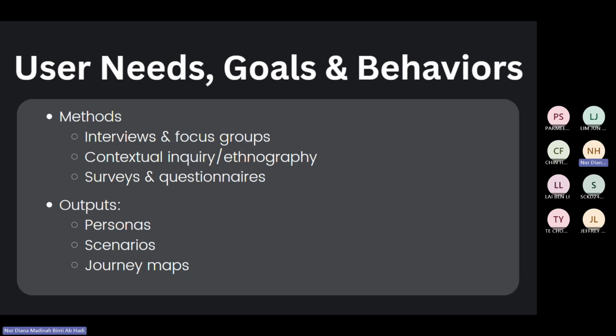Will you ask people in the IT department about the gardening system? Is it suitable? No, right? So you must find somebody that is related with the gardening system or a gardening person, to ask about the personas. And then you can perform some contextual inquiry to find out what would be the scenarios, what would be their activities.